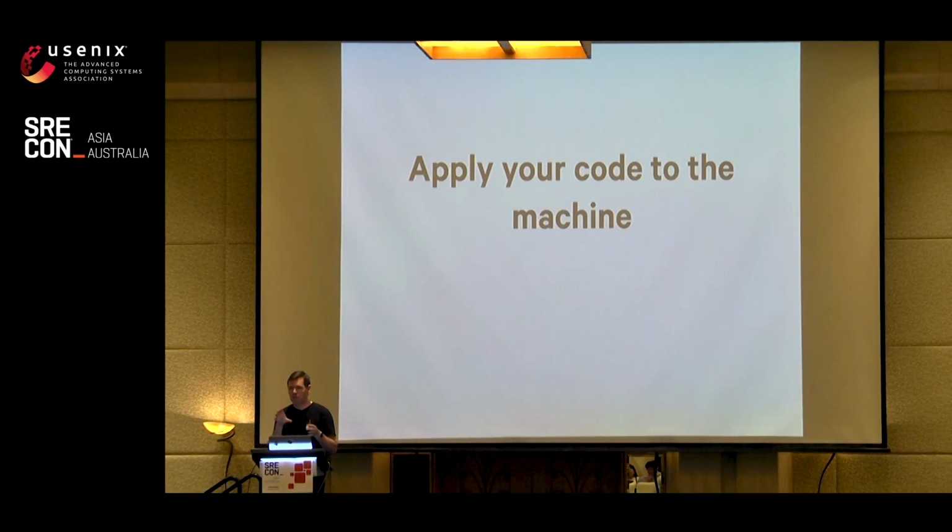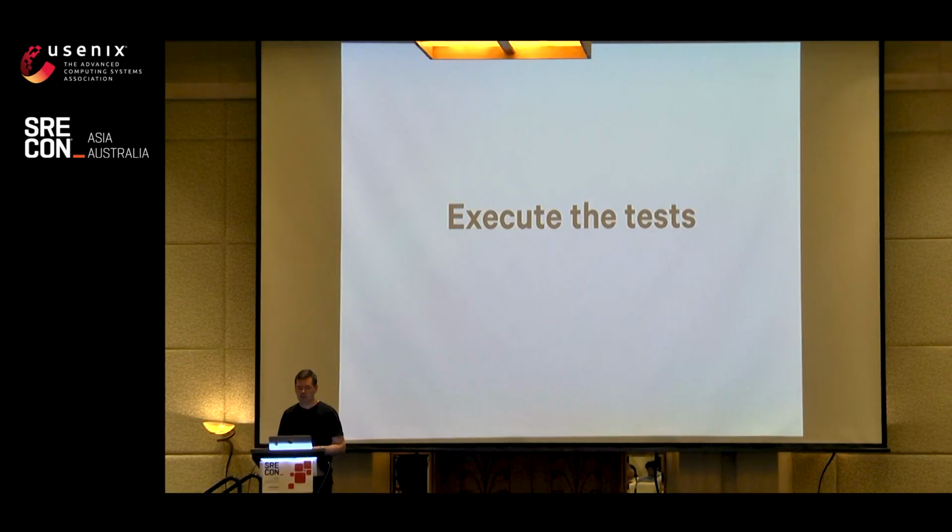So we're trying to simulate a production machine or a testing machine in our test setup. Then you need to execute the tests. They can be in many forms, different languages. You can use existing testing frameworks. You can write a bash script. There's lots of different ways to execute the tests.